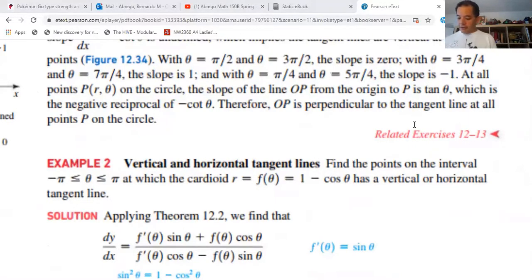So we need to find vertical and horizontal tangent lines, and the cardioid is 1 minus cosine theta. So our r is 1 minus cosine theta. All right, let's do it.